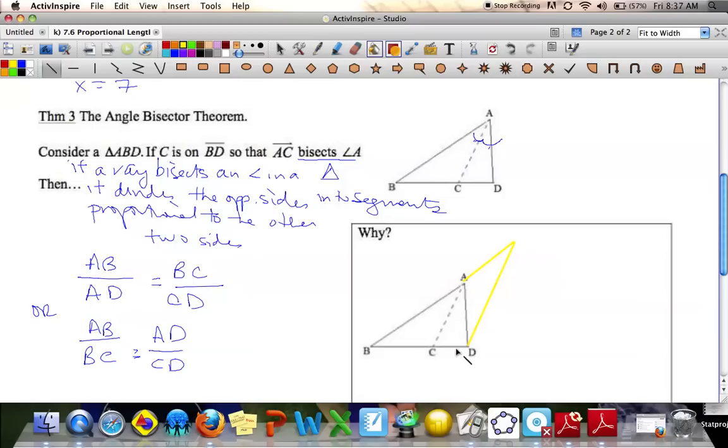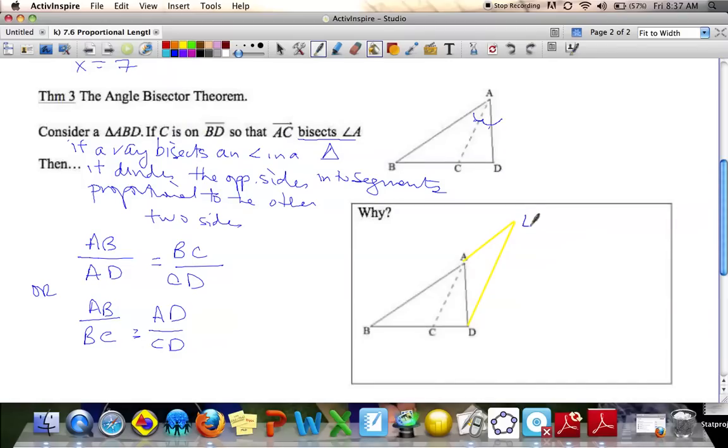So now we have two triangles. We'll call this point E. So we've made this parallel and this parallel. And notice that triangle ABC and triangle EBD are similar because of AA.